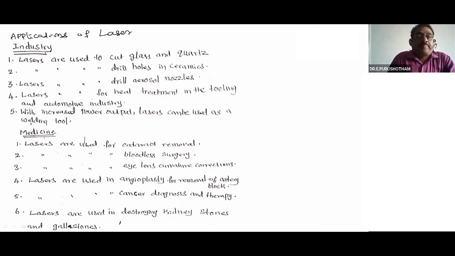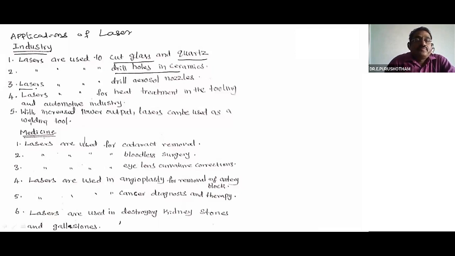Industry applications. First, lasers are used to cut glass and also quartz. Second, lasers are used to drill holes in ceramics.